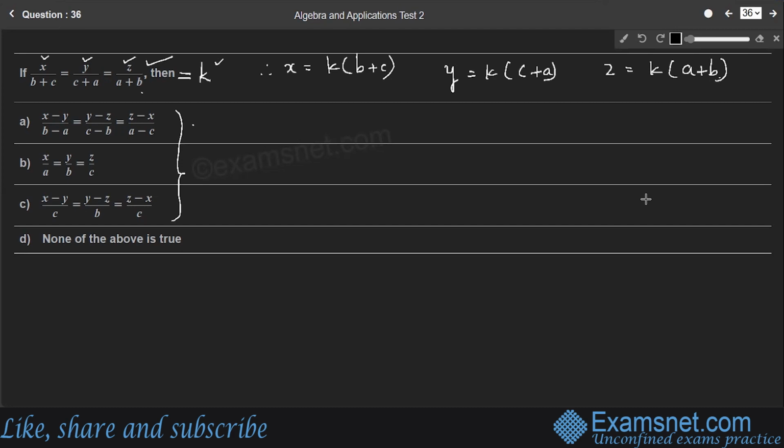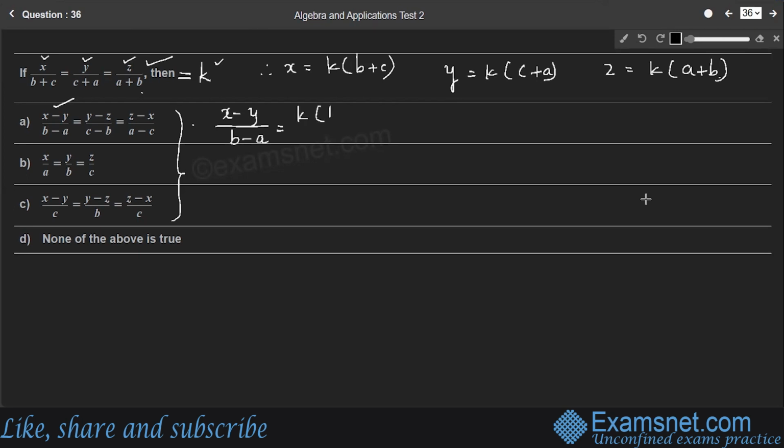So, consider option A, in which the first part is x minus y by b minus a. Substitute the values of x and y here.